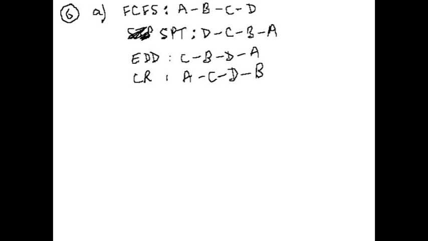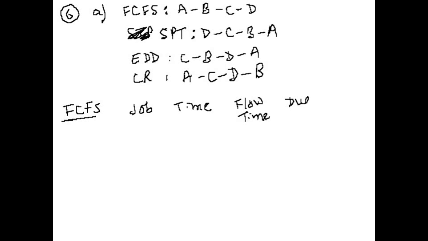So if you are doing the calculation for the performance metrics, let's say for FCFS to start with, we are looking at job, then job time, which is in days, then flow time, which is again in days, due date, and days tardy.